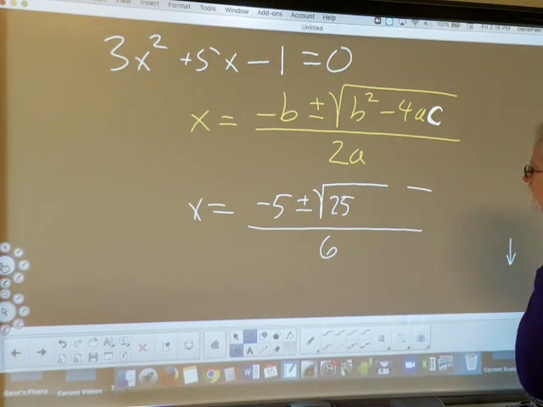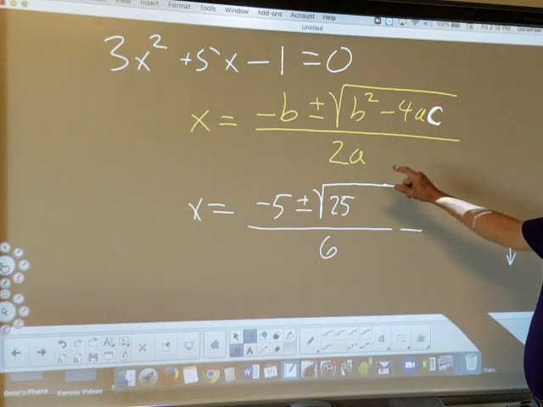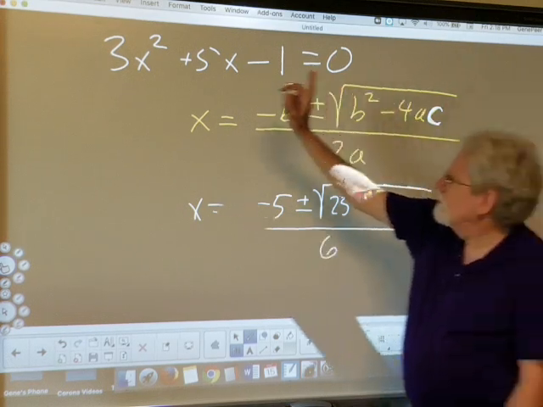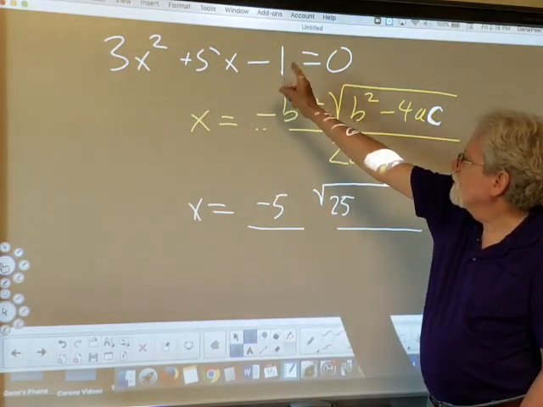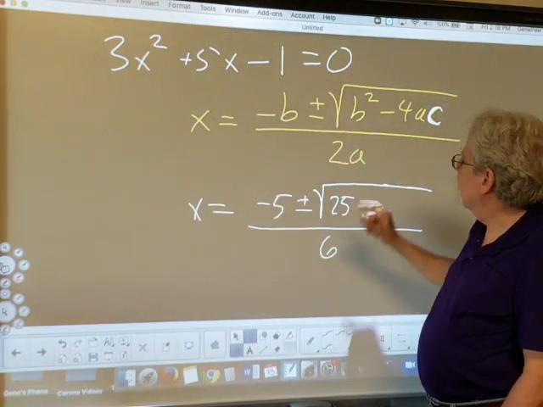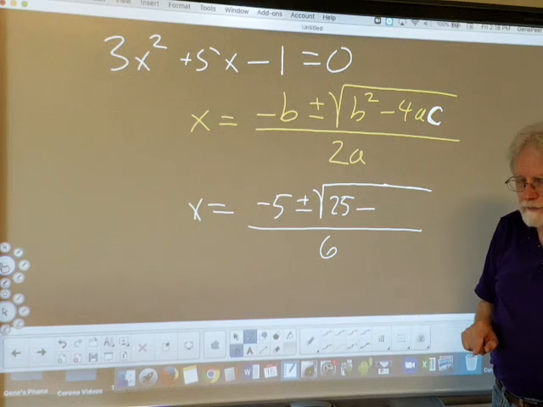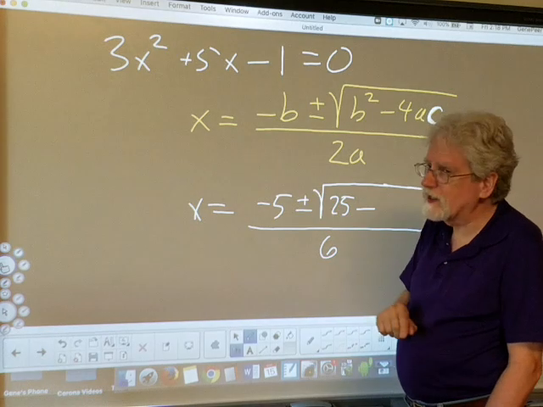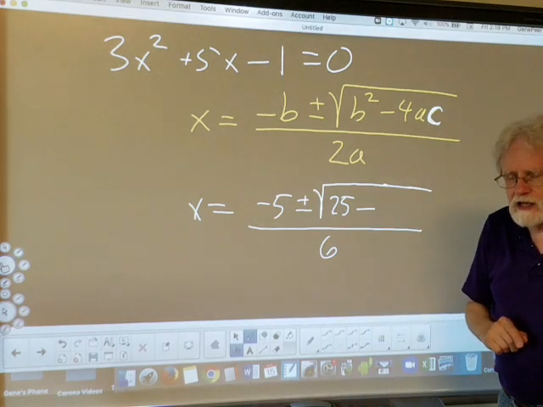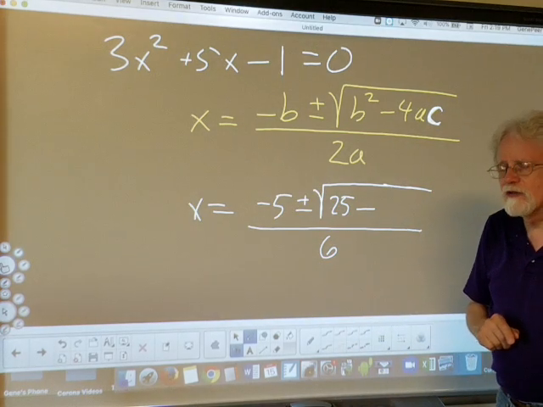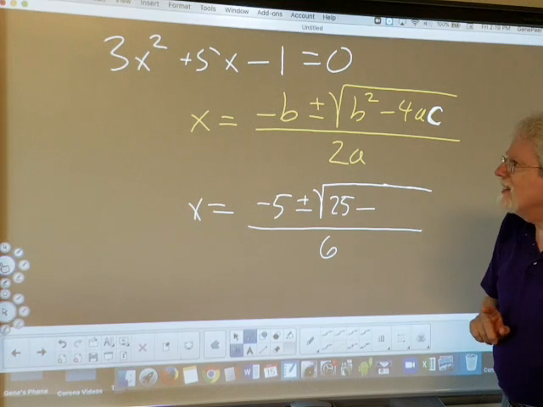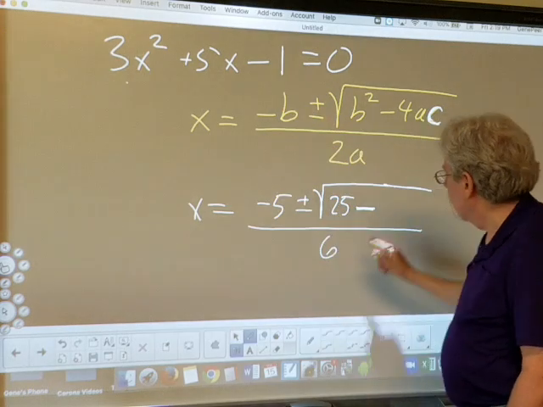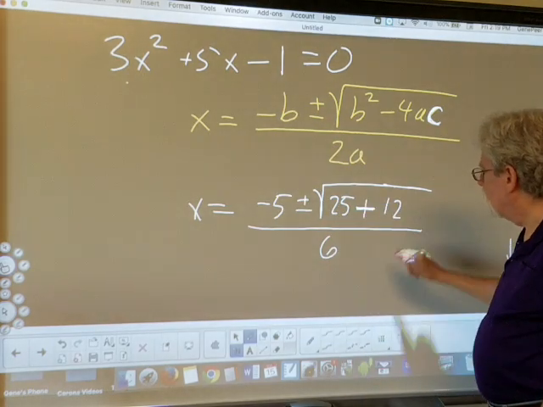So what would that do to us then? We would have b squared minus 4 times a times c. That's minus 4 times 3 is 12 times -1 is -12. Minus -12. How do you subtract -12? -12 becomes +12.